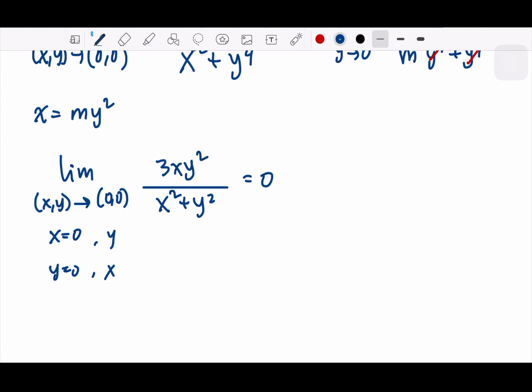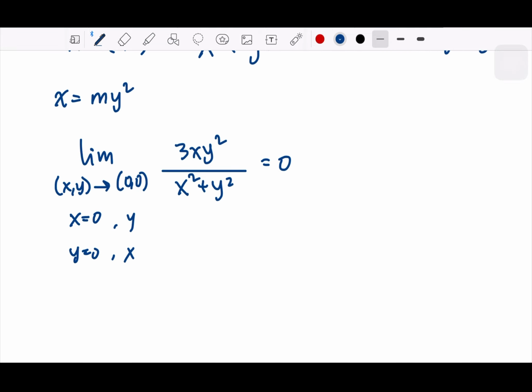If we check through y squared, so 3 m y to the 4 over m squared y to the 4, I don't think this will be helpful.